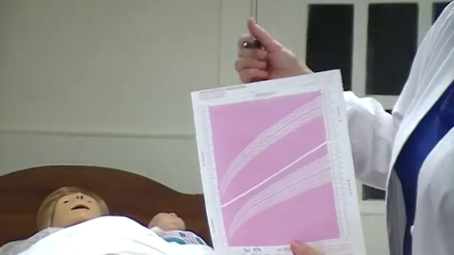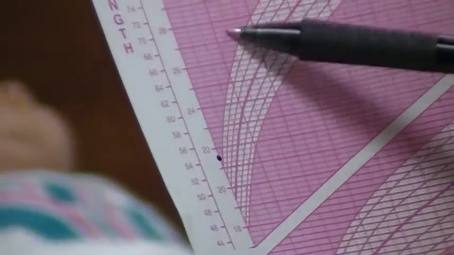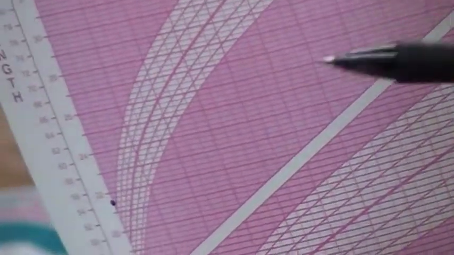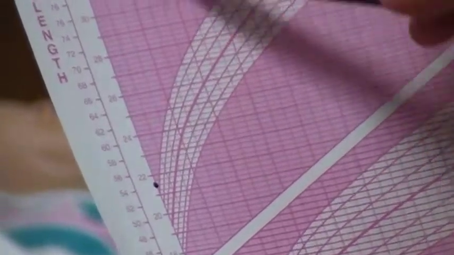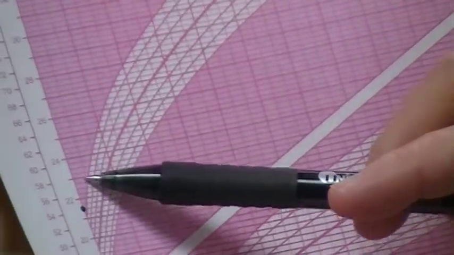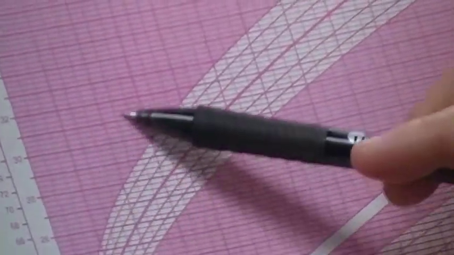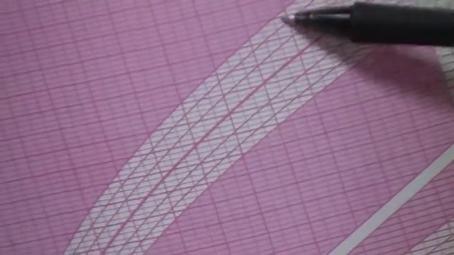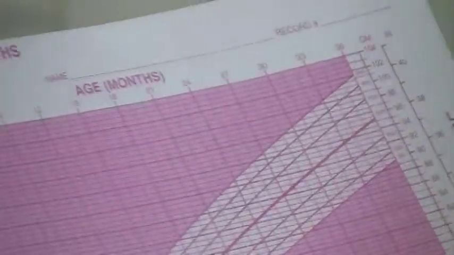Okay, and what I want to do with this dot now that I have it is I want to kind of make my curve here. And this up here in the pink, which is where we would actually fall for the length, it's above our white. Our white is where the average baby would fall.